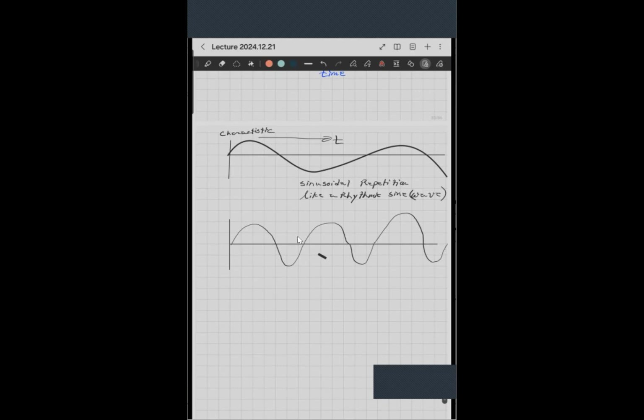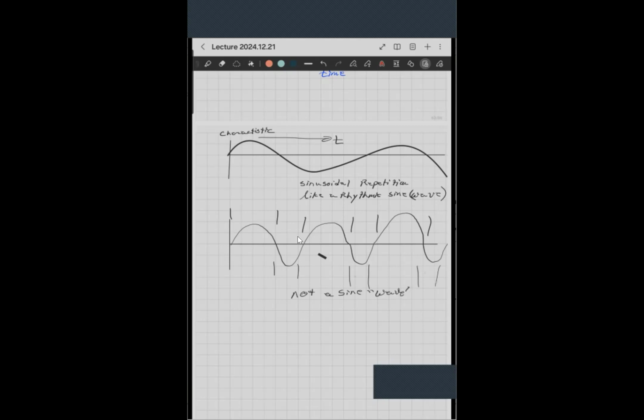Now, what I was trying to show is that this part here repeats the same way. It has some characteristics. It takes more time to do it, but this part here takes less time. And it's just different somehow. Now, if you connect all these things together, this is not a sine wave.